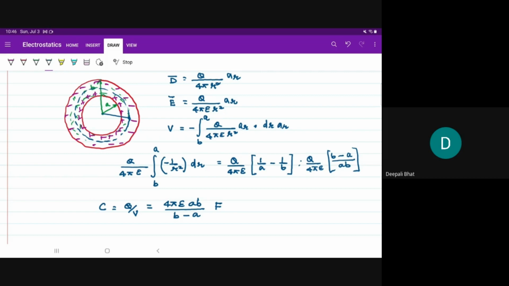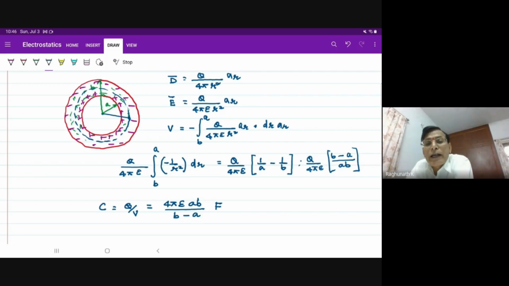So potential is V, but the D is 0. Potential has no distance dimension. There is no distance term in the potential expression, Q by 4 pi epsilon (b minus a) by ab. r is not there.